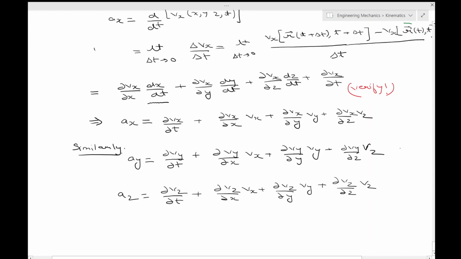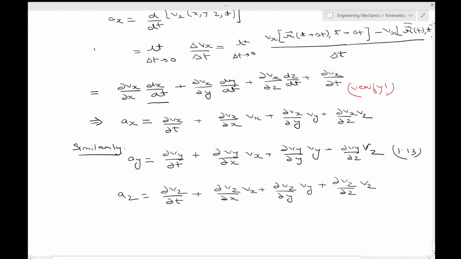So this is all combinedly called equation 113, and the symbols are important. d by dt is a material time derivative for a specific material point, whereas dou by dou t is a time derivative at fixed spatial position.